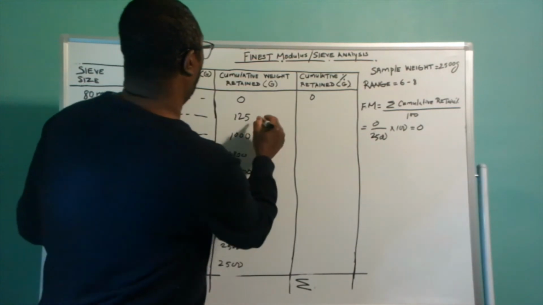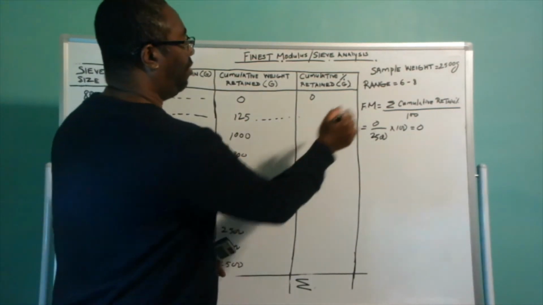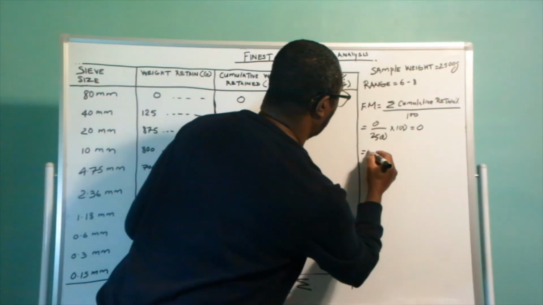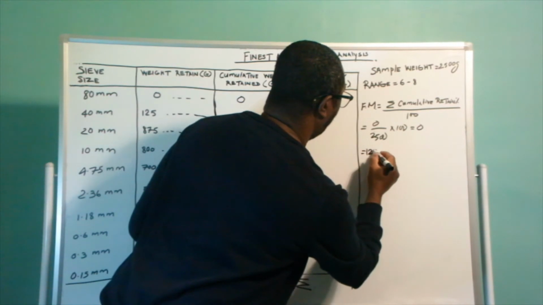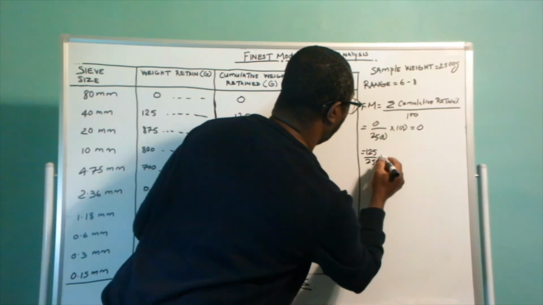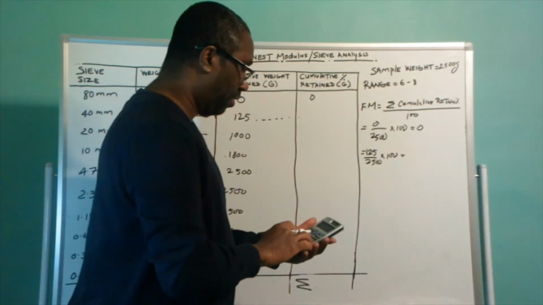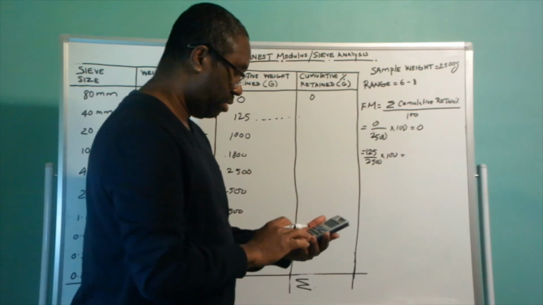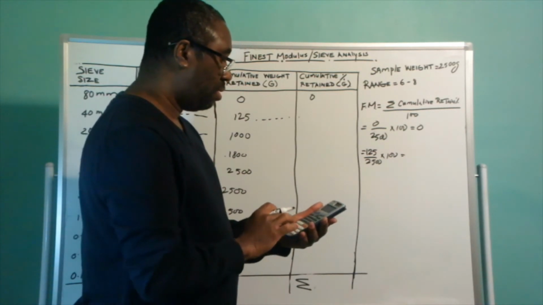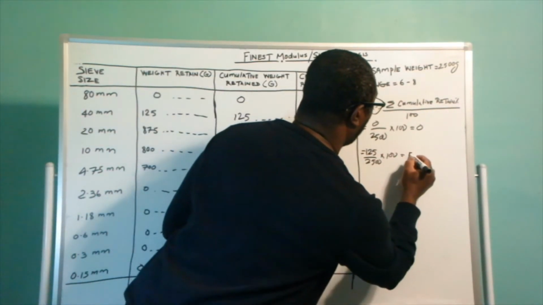So we're going to work out now our 125. So it's going to be 125 over 2,500, which is our sample weight. So it's 125 over 2,500 times 100, right? And that works out to be 5, right?